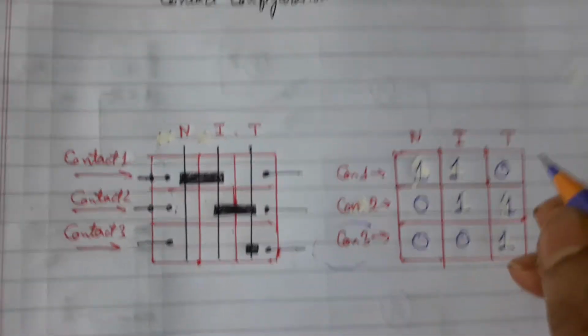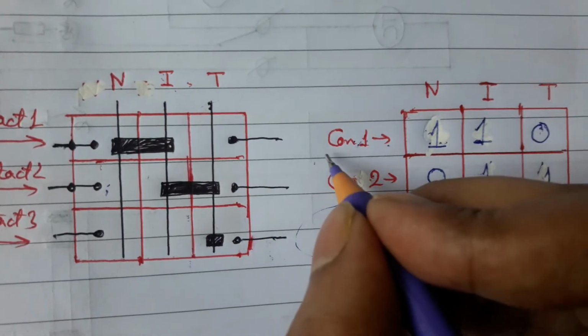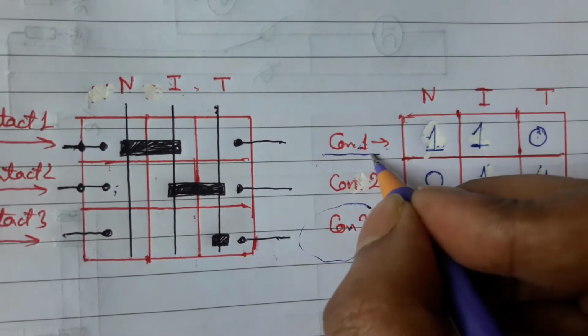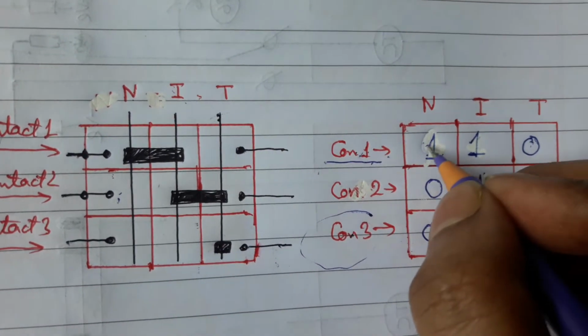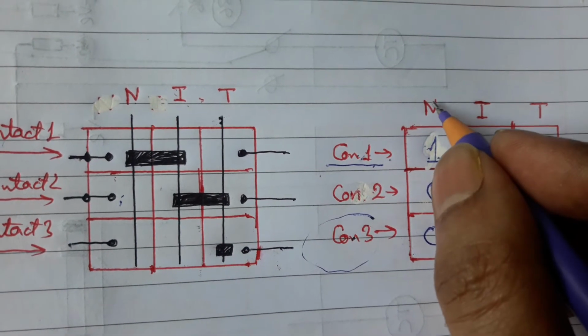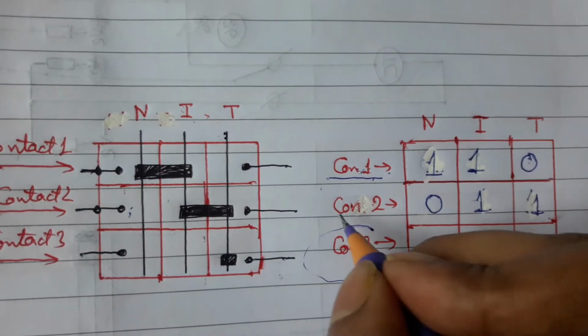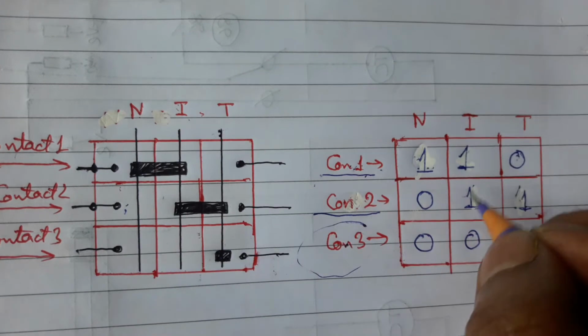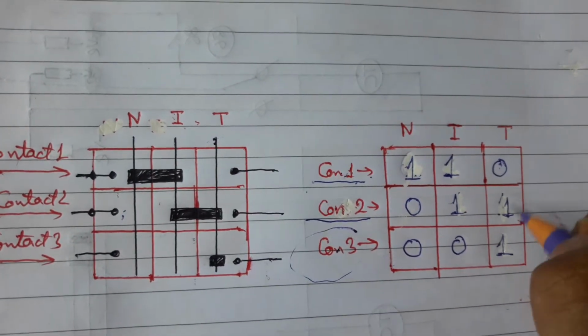Now what is the meaning of this matrix? The meaning of this matrix is that this contact will make if it finds 1 in any switch position. Suppose this contact will make if the switch is kept in the inter or transfer position.